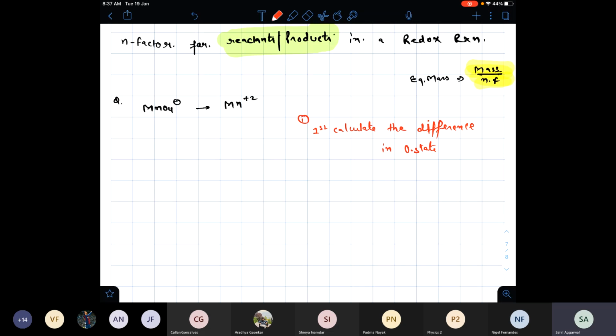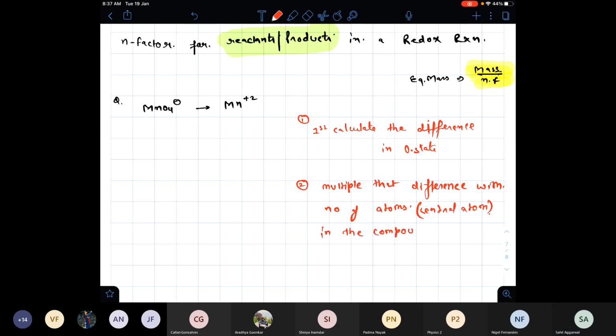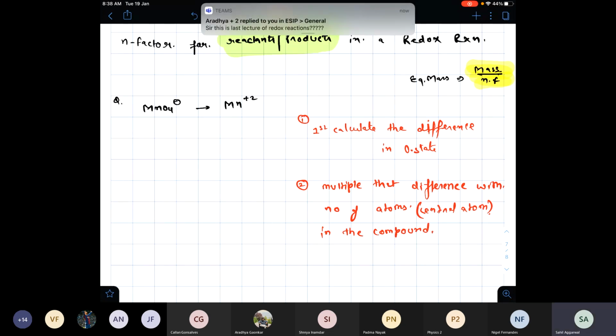Then multiply that difference with the number of atoms in the compound.